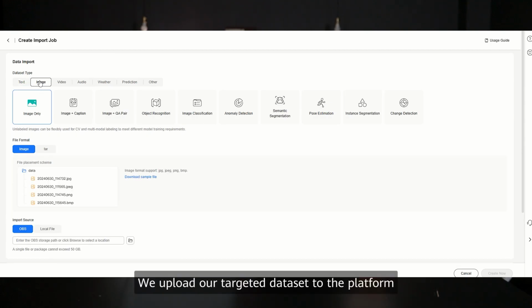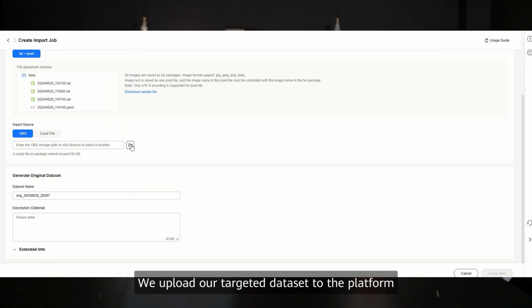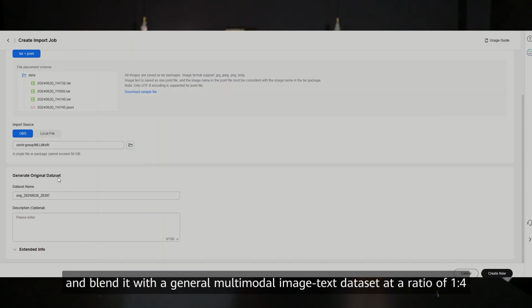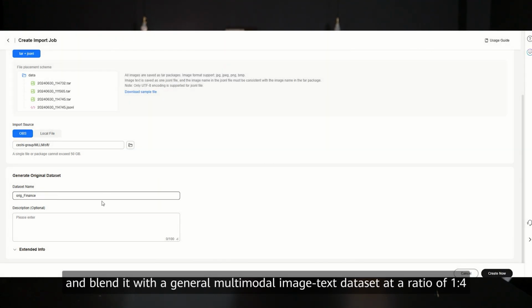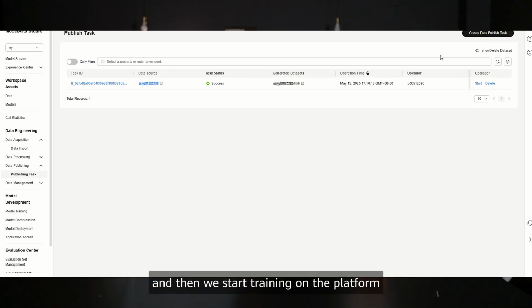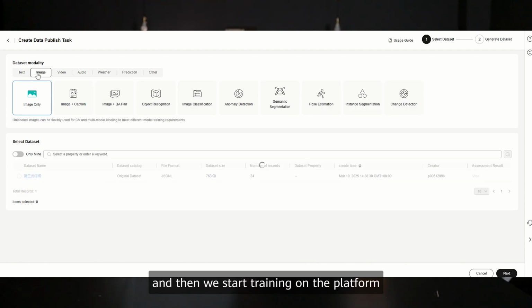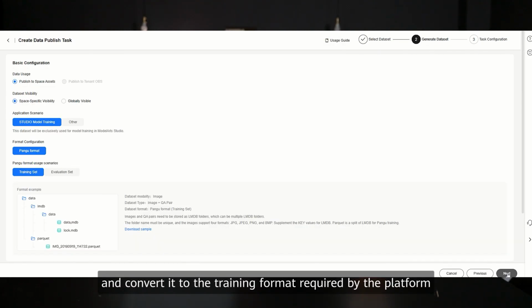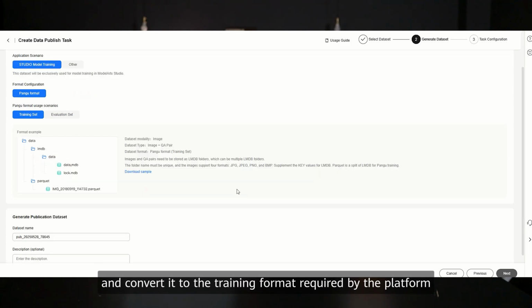We upload our targeted dataset to the platform and blend it with a general multimodal image-text dataset at a ratio of 1:4. Each sample is supplied in JSONL format together with its corresponding image, and then we start training on the platform. We upload the prepared data and convert it to the training format required by the platform.